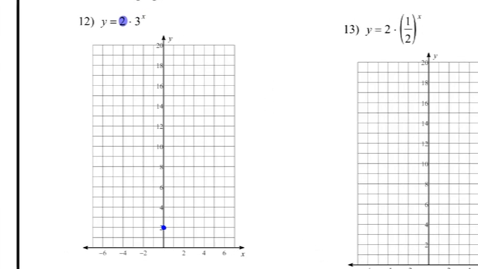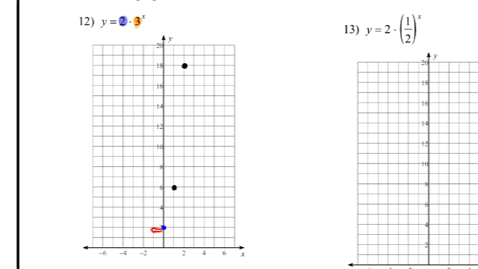And then the 3 here tells me that every time I move 1 unit to the right, I take this value and multiply it by 3. So 2 times 3 is going to be 6. So my second point will be right here. And then again, 6 times 3 is going to be 18, so it's going to be up there. So it increases really fast.